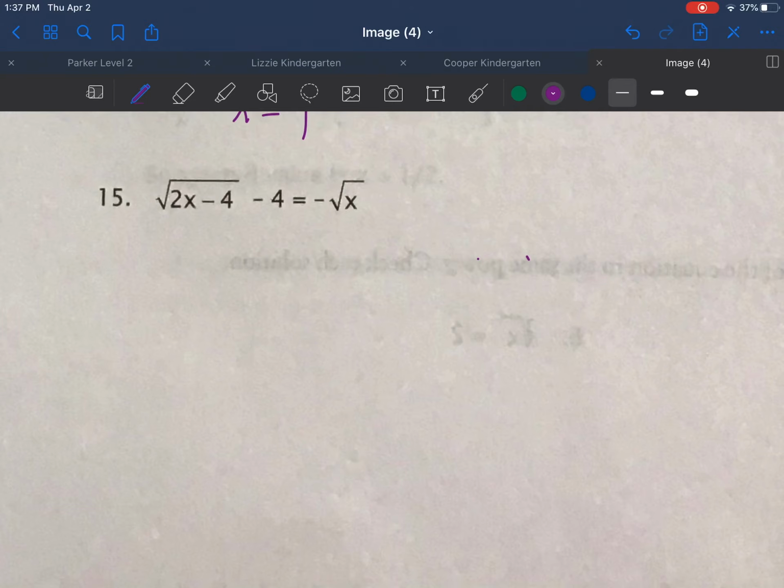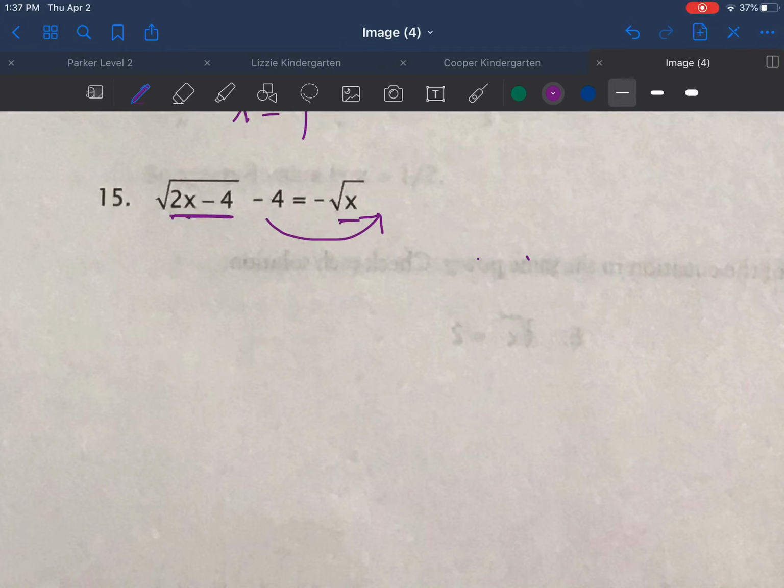So we are, sadly, because we also have a minus 4, this is going to get a little messy along the way. What we're going to do is move this negative 4 to the other side, because we're going to be squaring things, and it's going to be a lot easier to square just the square root of x minus 4 instead of the 2x minus 4, because this is already a binomial.